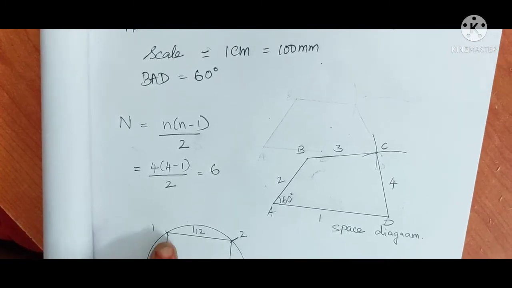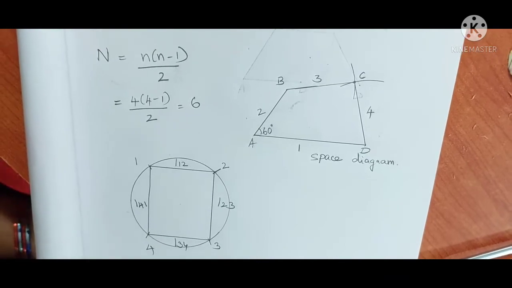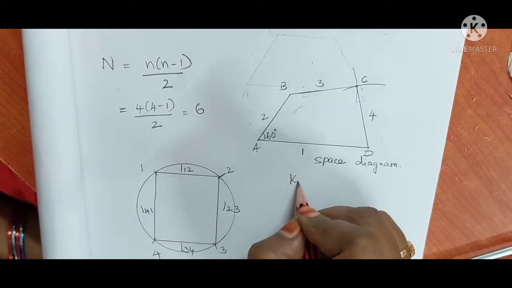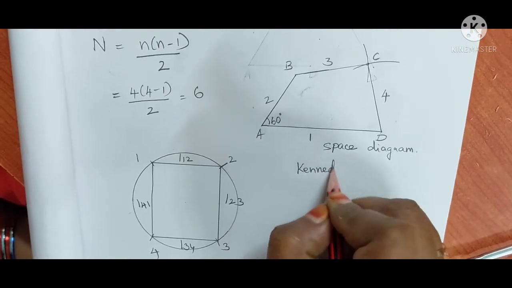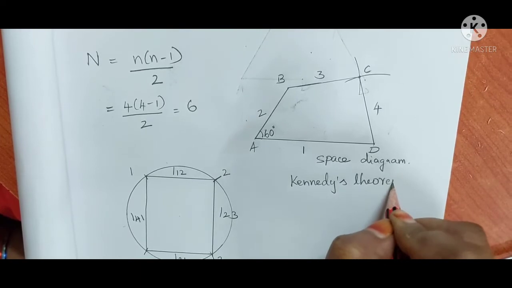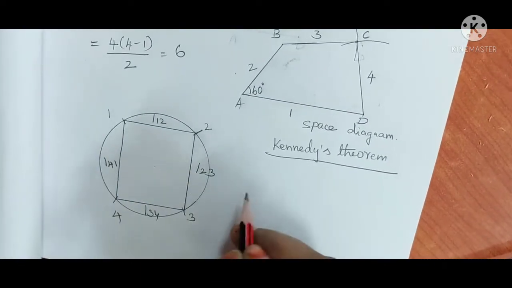But now we located only 4, so 2 more centers we need to locate. According to Kennedy's theorem, if 2 centers are in the same line, the third center is also located in the same straight line.